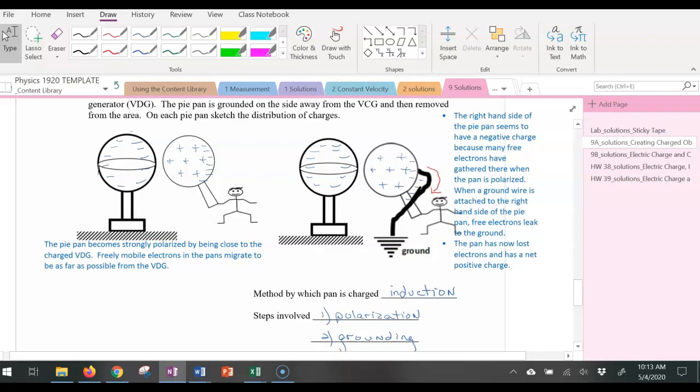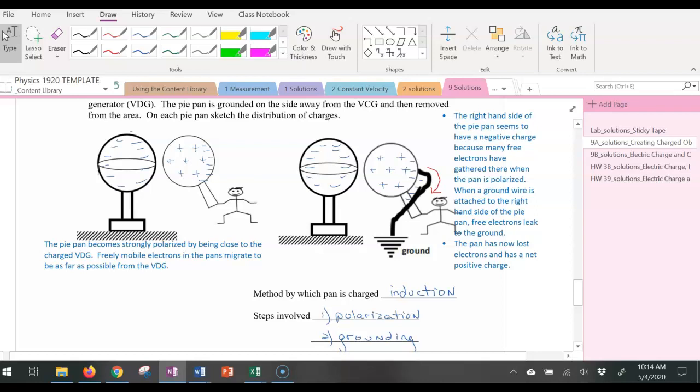And so, since that region seems to be very negative, when he touches this wire to the pan, electrons take the opportunity to move from this seemingly negative region down to ground. And so some electrons leak to the ground. Now, the pan is no longer neutral. It has actually lost electrons, and so it now has a net positive charge.